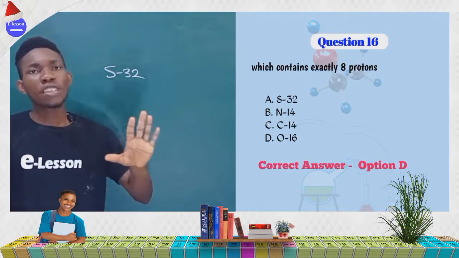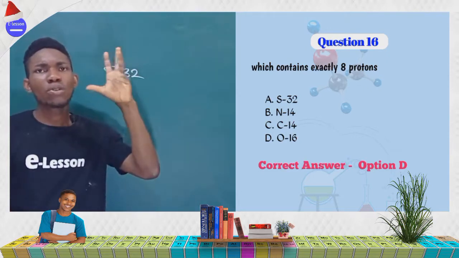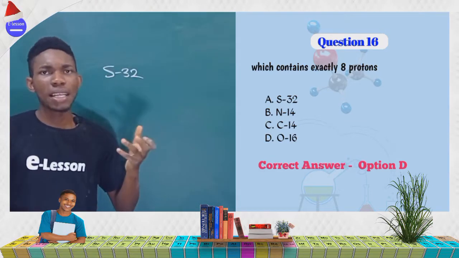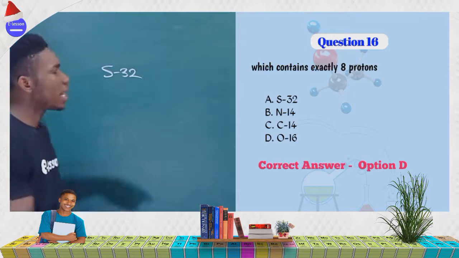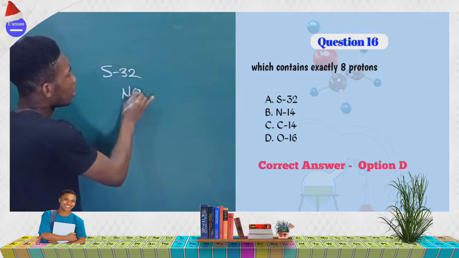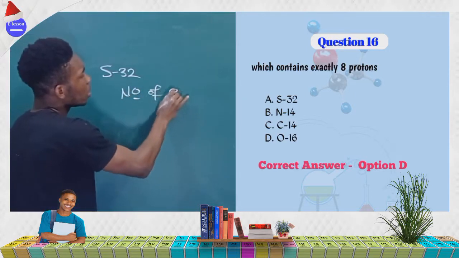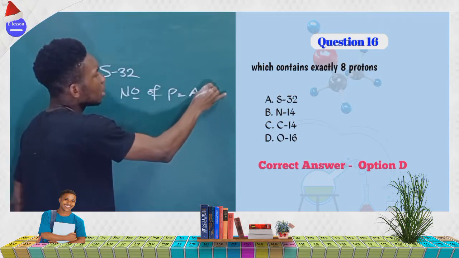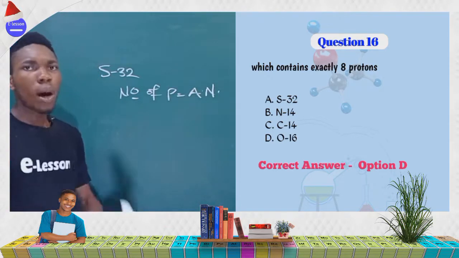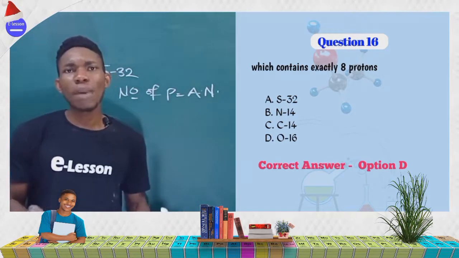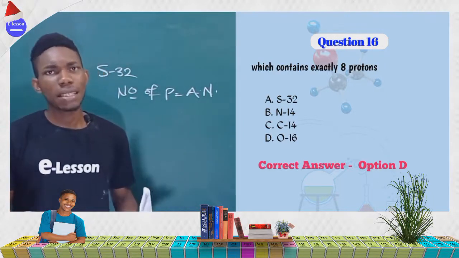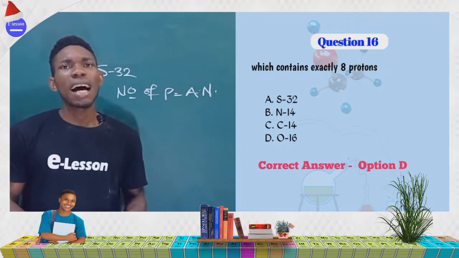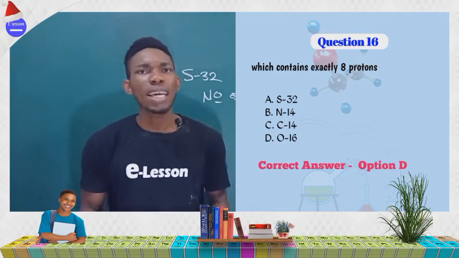Now, this question requires you to think logically. Which contains exactly 8 protons? Now, we said that the number of protons is equal to the atomic number, isn't it? What they ask you here is, which element has atomic number of 8?